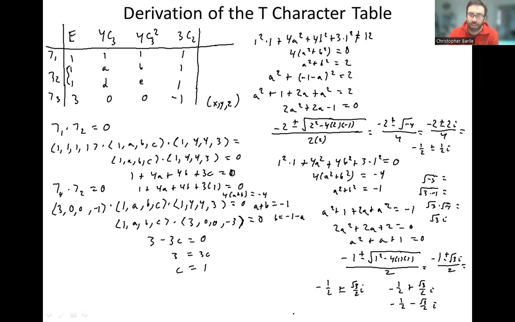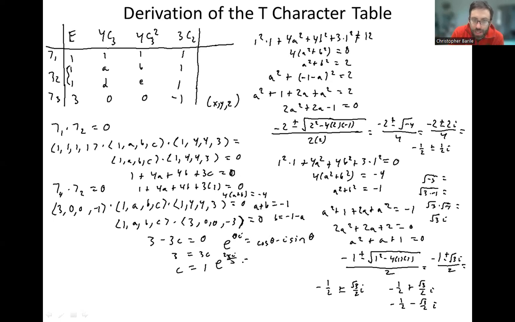We could plug that into the character table right now, but the way that people write this out is they use Euler's formula in the character table. Euler's formula says that e to the theta i equals cosine theta minus i times sine theta, one of these powerful expressions in math. And so these values are related to e to the 2 pi i over 3.